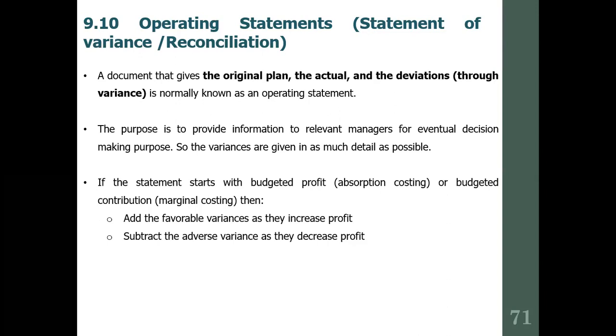If there are unfavorable variances, deduct them. It's as simple as that. Start with the budgeted profit or budgeted contribution, add the favorable variances because they will eventually increase your profit, and deduct the adverse variances, or unfavorable variances, as they decrease the profit.